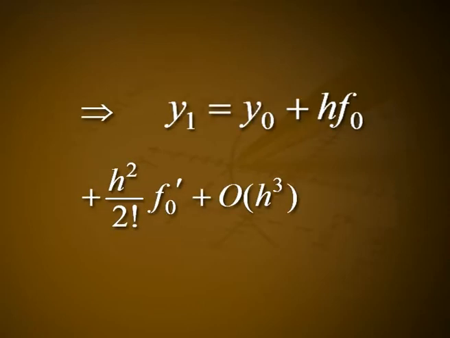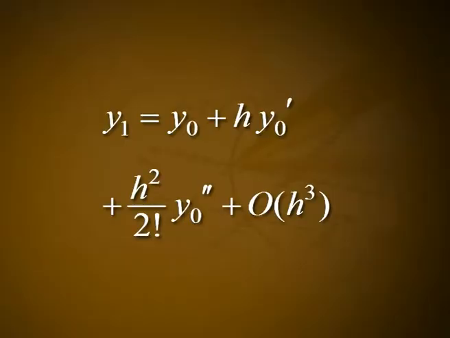This implies y1 equal to y0 plus h into f0 plus h square by 2 factorial into f0 dash plus order of h cube. Since y dash equal to f(x, y), we get y1 equal to y0 plus h y0 dash plus h square by 2 factorial y0 double dash plus order of h cube.